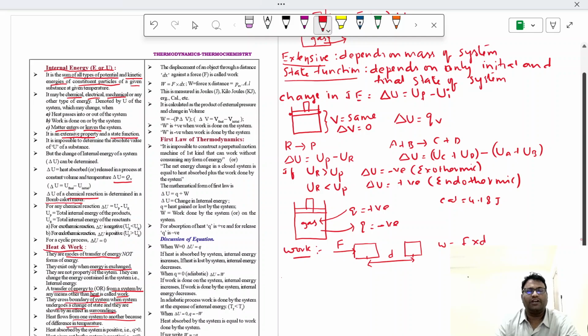So work done, what are the units? F into d or S. We know that F is equal to MA, into displacement. M is mass, acceleration is S by T square, into S. So work done is equal to M into S square by T square.